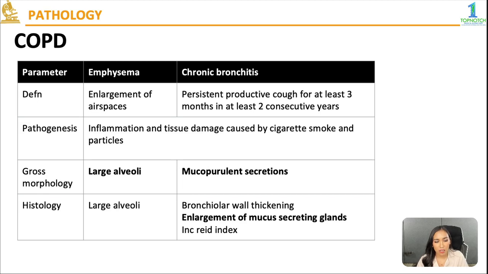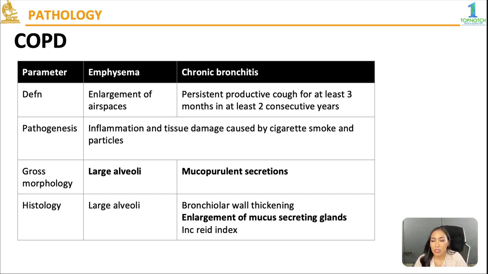So bakit? Let's discuss COPD. So there are two types of COPD, emphysema and chronic bronchitis. So emphysema usually pink puffer, chronic bronchitis, blue bloater. So what's the definition of emphysema? It's the enlargement of air spaces. Chronic bronchitis naman is a persistent productive cough for at least 3 months in at least 2 consecutive years. Both of them are caused by inflammation and tissue damage caused by cigarette smoke and particles.